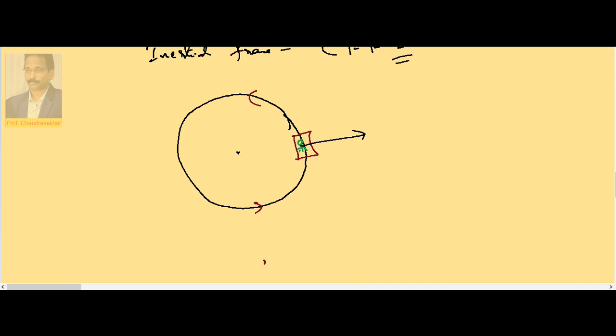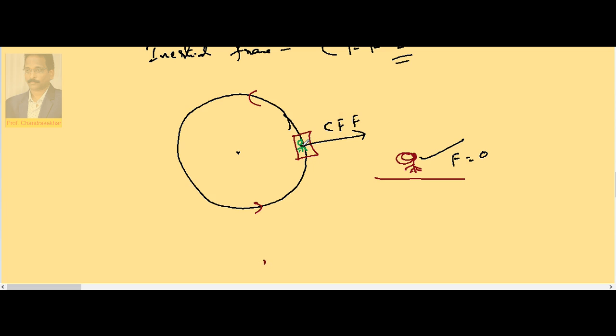But if I take a person present outside on the ground, here one person is present, he is not going to feel that the persons inside the bus are experiencing an outward push. With respect to this person, the outward force is 0. But with respect to this person, he will experience an outward force. That is what we call centrifugal force.